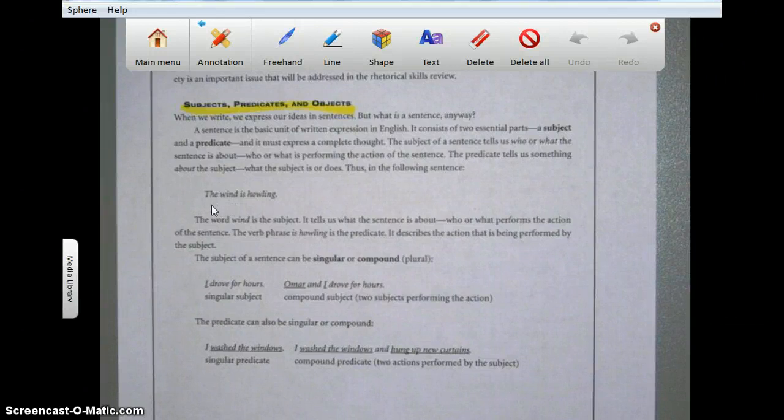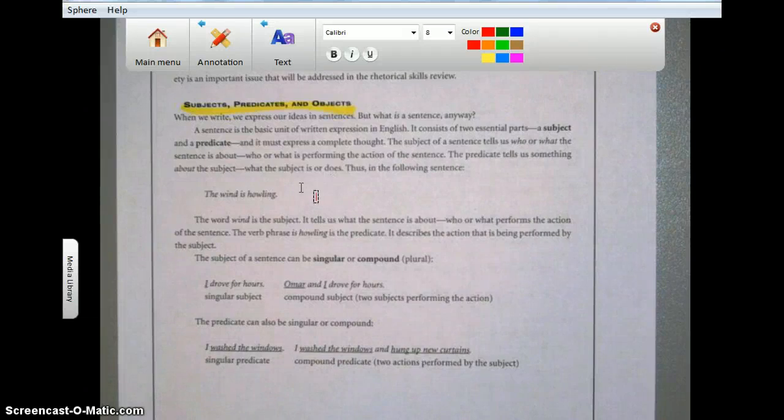If you ask yourself, what is the sentence about? It would be the wind. What is the wind doing? That is your predicate: is howling. In this case, there is no object.